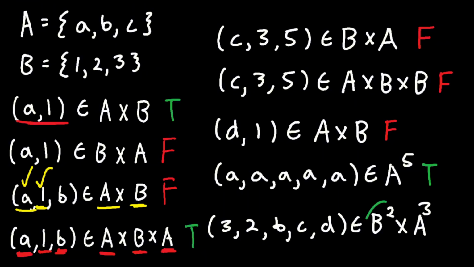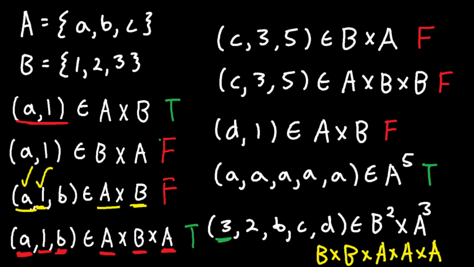All right, what about this? Well, it's another way to format it, right? Remember, the power is just a shortened way to write down multiple Cartesian products next to each other. So we have B cross B, because we have B to the power of 2, then cross A, cross A, and cross A, because we have 3 A's. So what should we expect? We should expect 2 elements of B in the front and 3 elements of A in the last 3 values of this tuple.